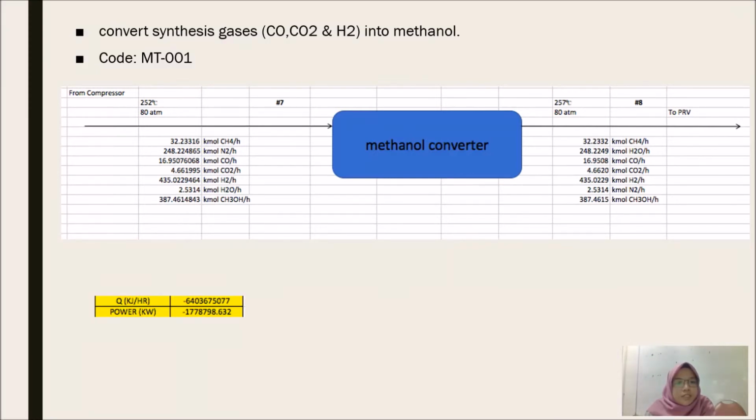The inlet temperature is 252 degrees Celsius, and the outlet temperature is 257 degrees Celsius, and the pressure is still the same, 80 atm. The power that we got is negative 1778798.